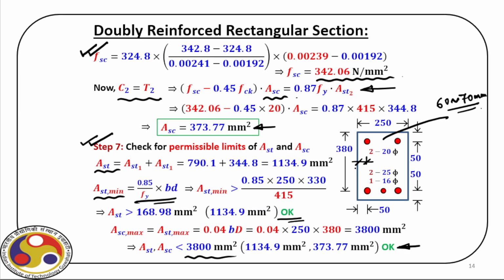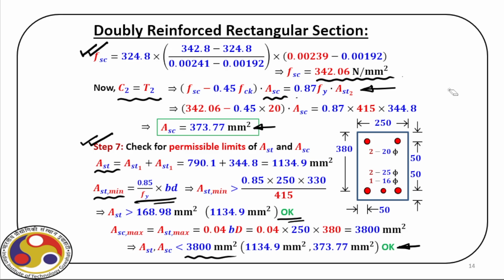So what we provide here is 2 25-diameter bars in the compression zone, and then we have a combination of 2 25-diameter bars in the tension zone plus 1 16-diameter bar at the middle. So that's how we design the complete section to meet the requirement of 110 kilonewton meter of moment.